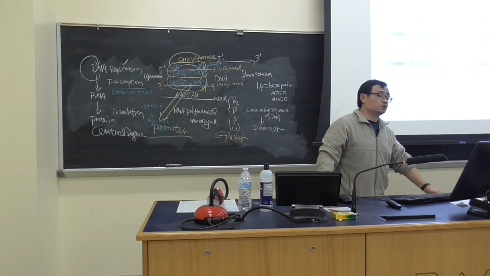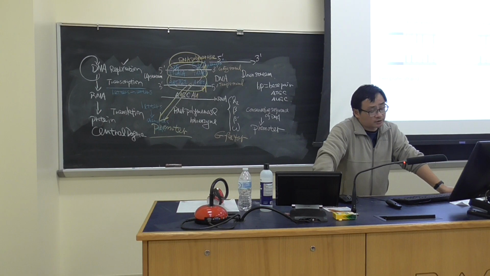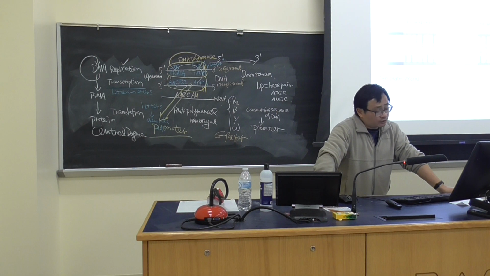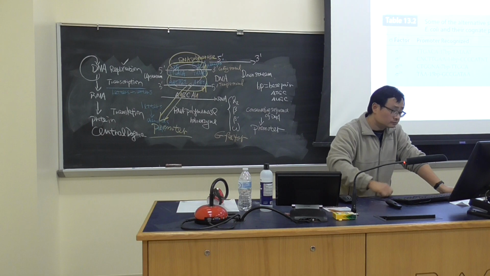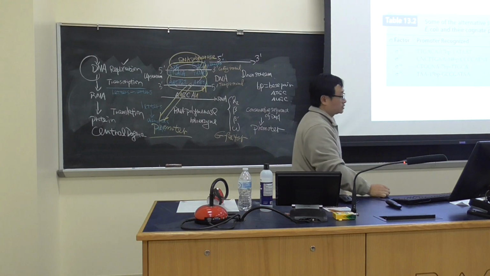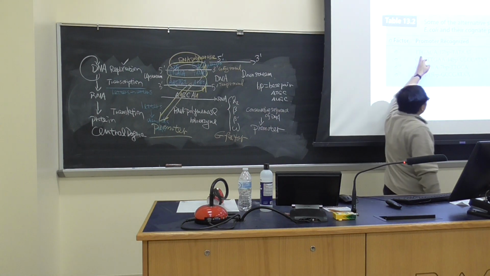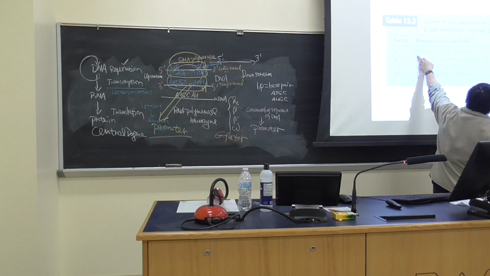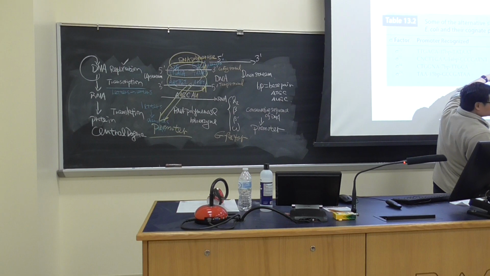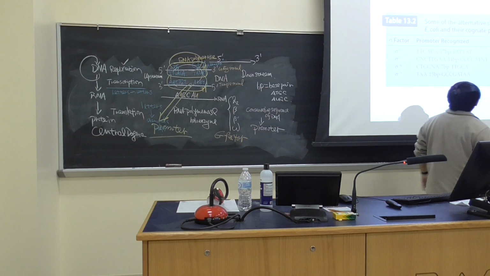I just mentioned that this conservative sequence is a universal one, which regulates the general life of the bacteria. But how about the others? It's different. This promoter we just mentioned is for the general life of bacteria.